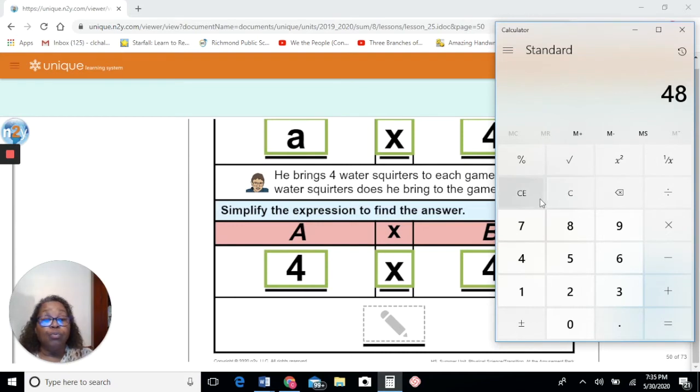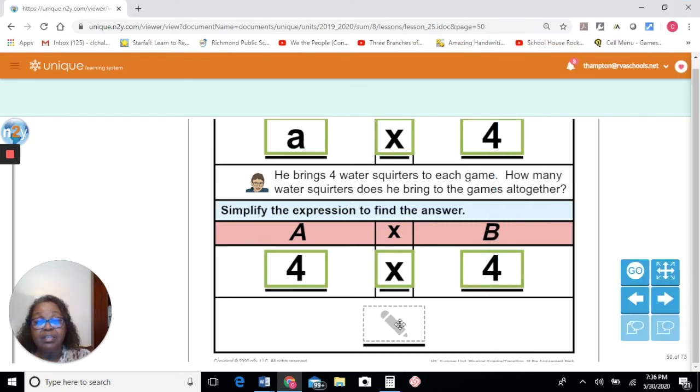If we're using a calculator, first we want to clear out our screen. Now, if we were using addition, it would be 4 plus 4 plus 4 plus 4. That's the long way. We're using the shortcut, 4 times 4. If we put that in our calculator, 4 times 4, and we hit equals, we get 16.